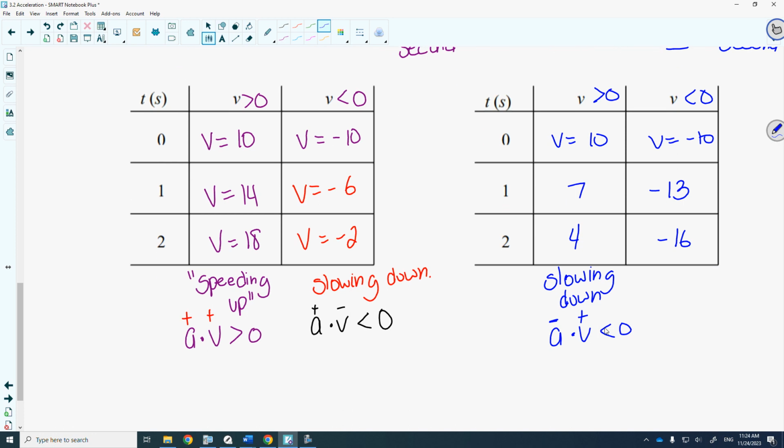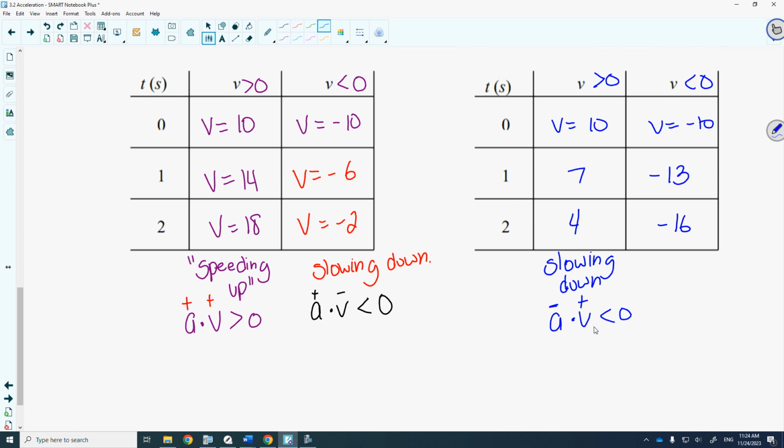From here, I would have a times v, acceleration is negative, velocity is negative. This object is actually speeding up. So a times v, 2 negatives will give you something greater than 0. Therefore, we're speeding up.